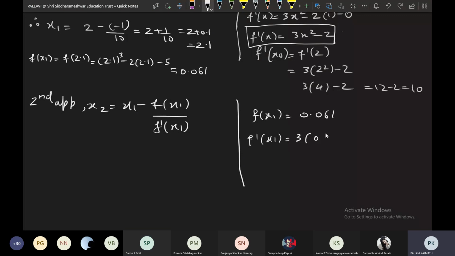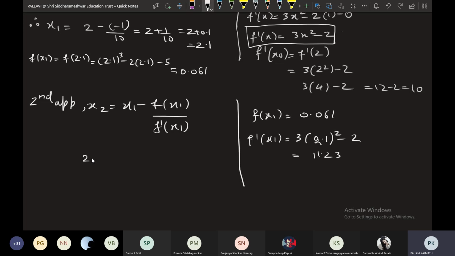What is your x1 point? 2.1. So it is 2.1 square, because the equation is 3x square minus 2. 3 into 2.1 square minus 2. And how much is the answer? 11.23.